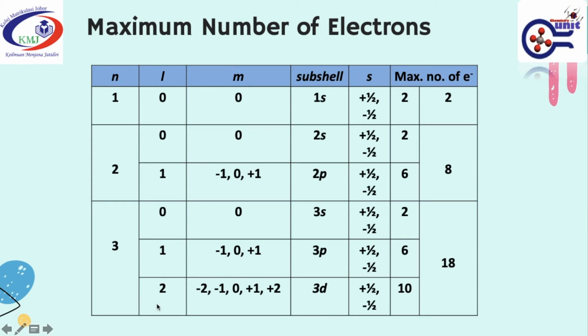Likewise, when L is equal to 2, the values of m are negative 2, negative 1, 0, positive 1, and positive 2. So you have 5 orbitals. With 5 orbitals and a maximum of 2 electrons in each orbital, you have a maximum of 10 electrons in total in 5 different orbitals.